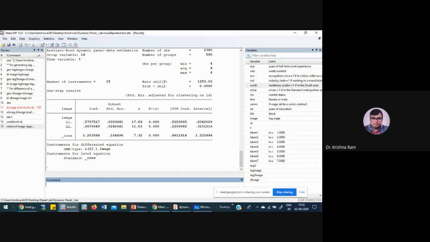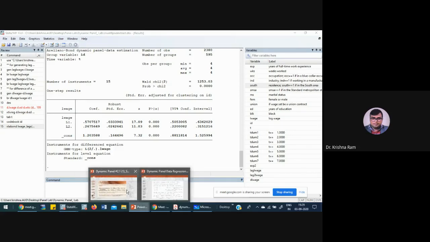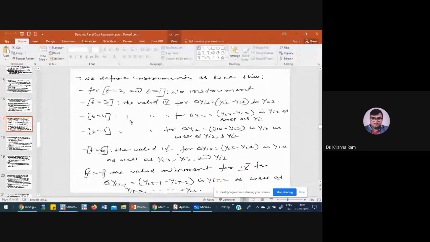So in this case, the 15 instruments become something like this. For t equal to 4, only 2 instruments are possible, which are yi2 and yi1.